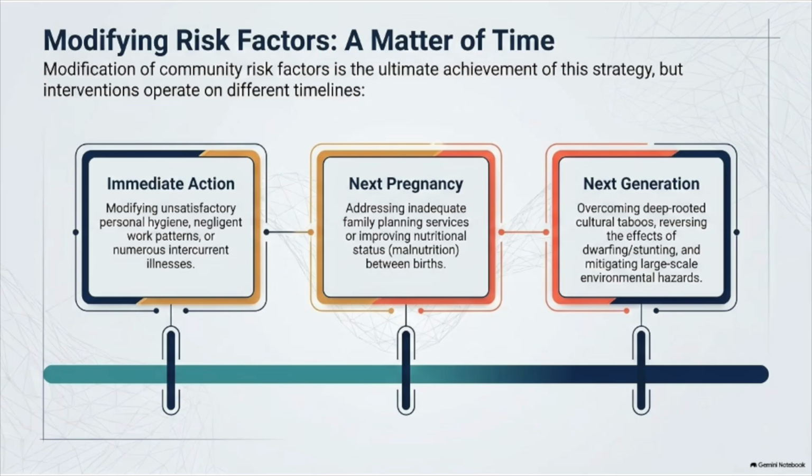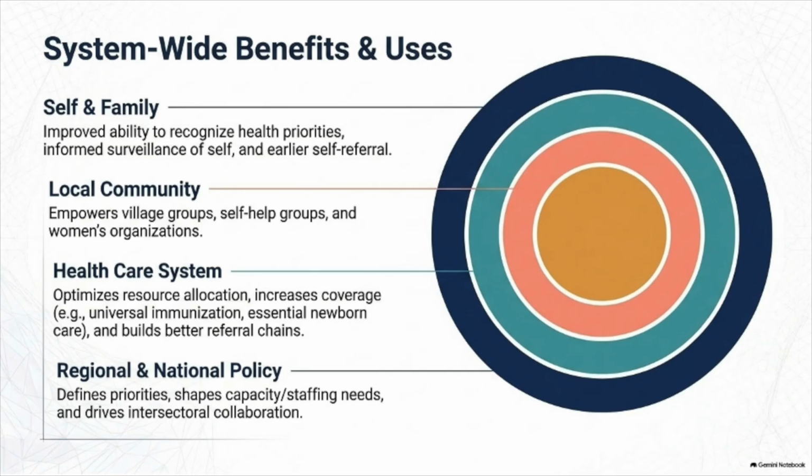Next pregnancy timelines apply to addressing inadequate family planning services or improving nutritional status between births. And next generation timelines apply to overcoming deep rooted cultural taboos, reversing the effects of dwarfing or stunting, and mitigating large scale environmental hazards.